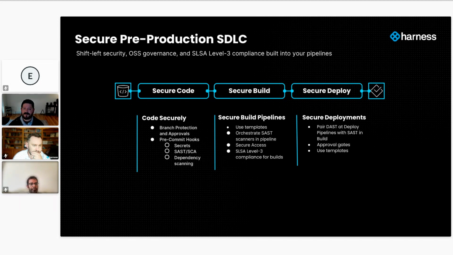So using things like templates and standardizing around your build process is a great place to centralize your configuration standards and ensure you get the output that you expect. Lots of tools can fit into here, whether that's static analysis or other vulnerability scans, secret scanning, as we talked about, and then understanding what our dependencies are, whether that's going to be against a list of approved or disallowed third-party libraries or components.